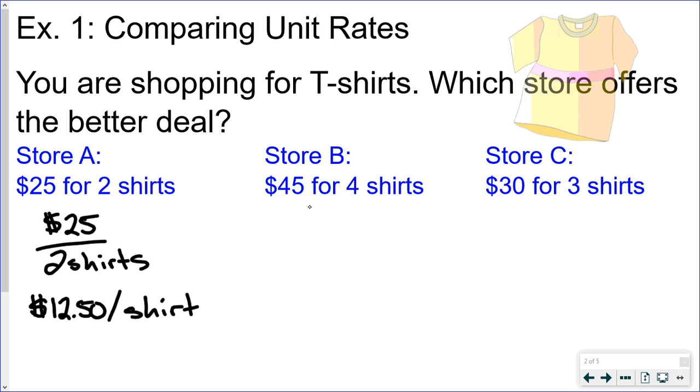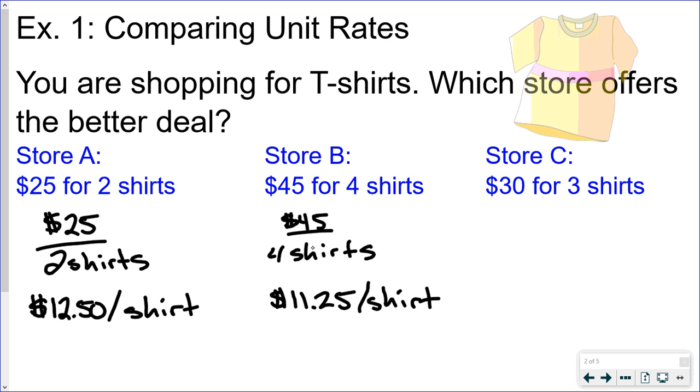Then we go to store B. This one's $45 for 4 shirts. If we divide 45 by 4, we get $11.25. Excuse me, $11.25 per shirt.